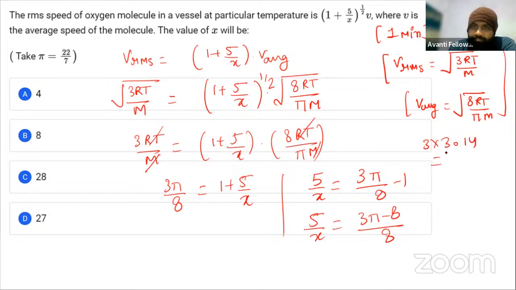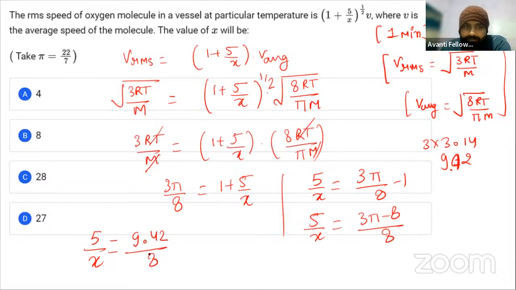So it will become 3 fours are 12, and 3 ones are 3, 4, 3 threes are 9. Okay. So this will become 5 by x equals 9.42 divided by 8. Got it? So approximately, just a second, let me check the answer first. I'm not confirmed with this. Just a second.